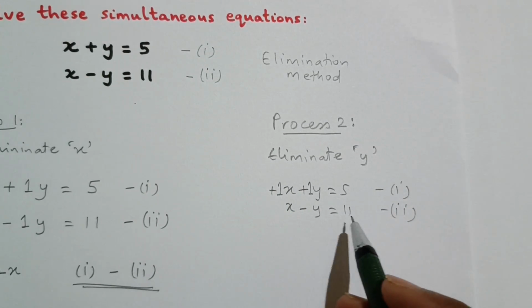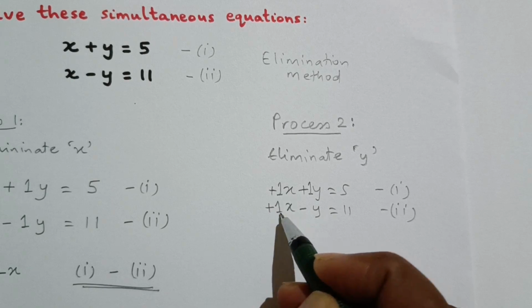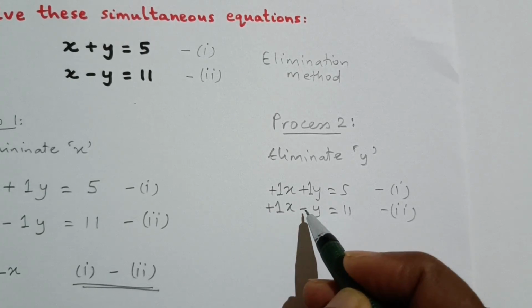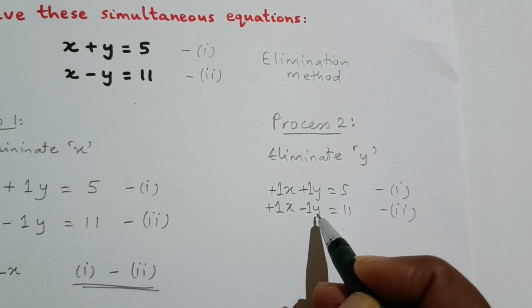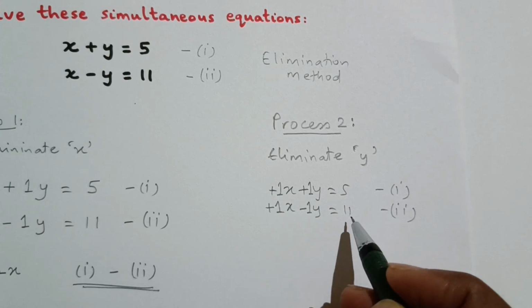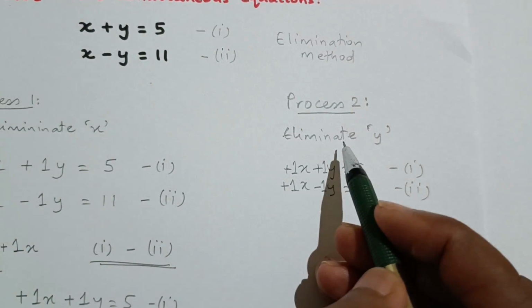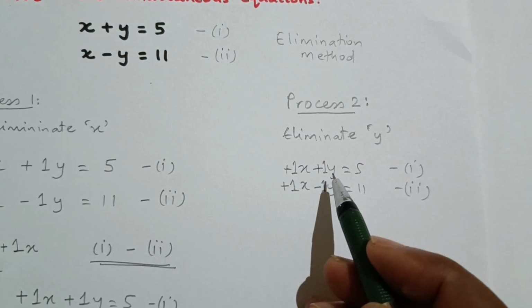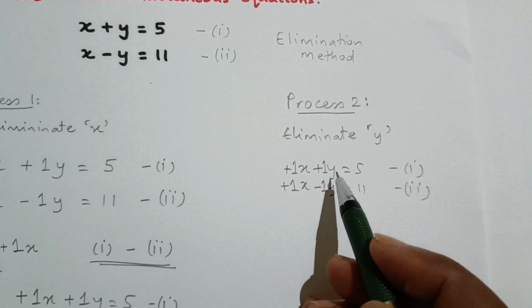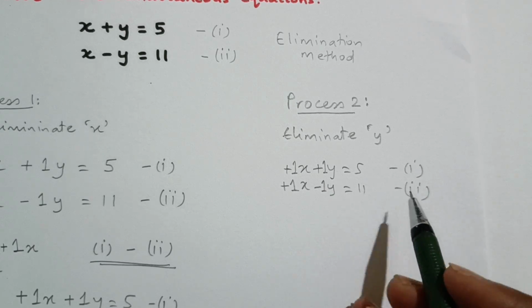Now x minus y equals to 11. X means plus 1x. Minus y means minus 1y. So plus 1x minus 1y equals to 11. This is equation number 2. Now here we are going to eliminate the variable y. So let us look at the coefficient of the variable y in both the equations.